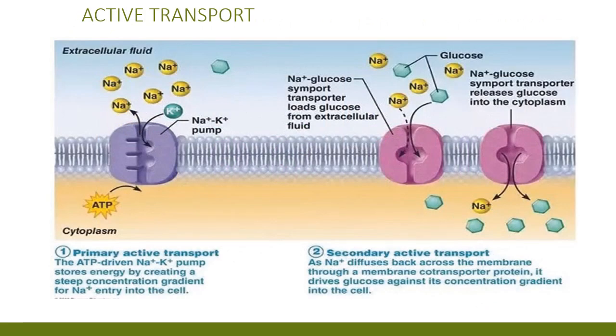Okay, now active transport is different. Active transport means it needs ATP to run. So the sodium-potassium pump all the way to the left is called primary active transport. The unique thing about that is that it pumps out, it doesn't show it here, but it shows it in our other notes, 3 sodium for every 2 potassium back in. And that creates a concentration gradient of more sodium outside.